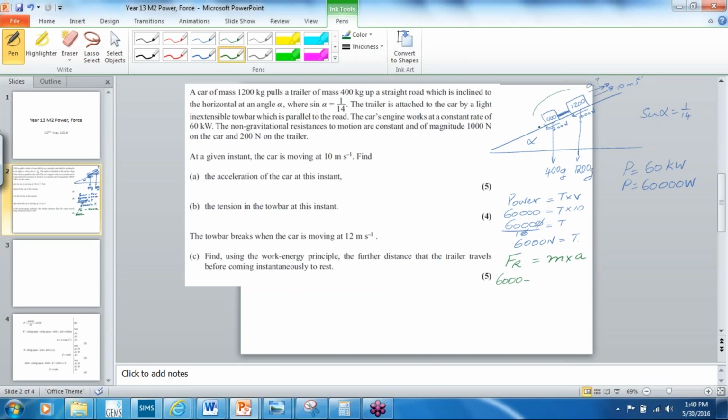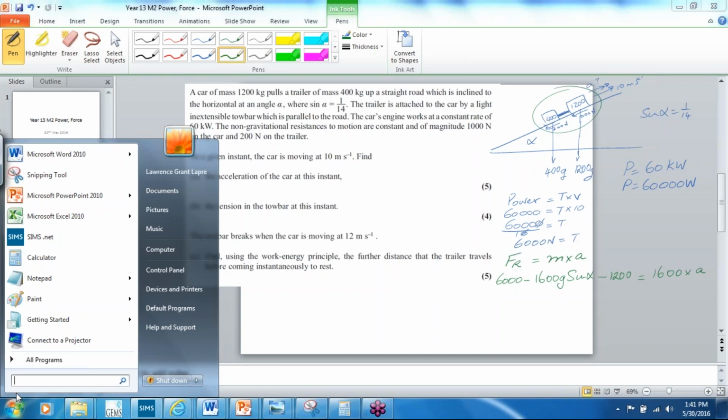Our force down, we have a combined mass of 1,600 kilograms, therefore we have 1,600 g force down at an angle, and this would be cos of this angle, or sine of the complementary angle. And then we have a combined resistance force of 1,200 newtons, so we add the 1,000 plus the 200. That will equal our mass, which is 1,600, times acceleration.